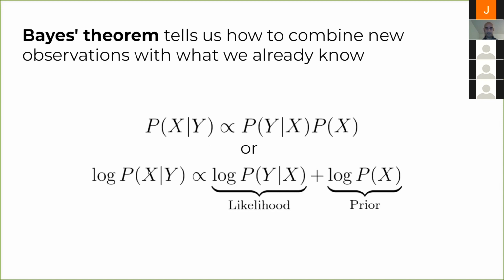When you apply log on both sides of this equation, you split these two terms into a sum instead of a multiplication, and you get the log likelihood term and the log prior term. These are mathematically equivalent, but computationally this form is much easier to handle because you can handle these separately.